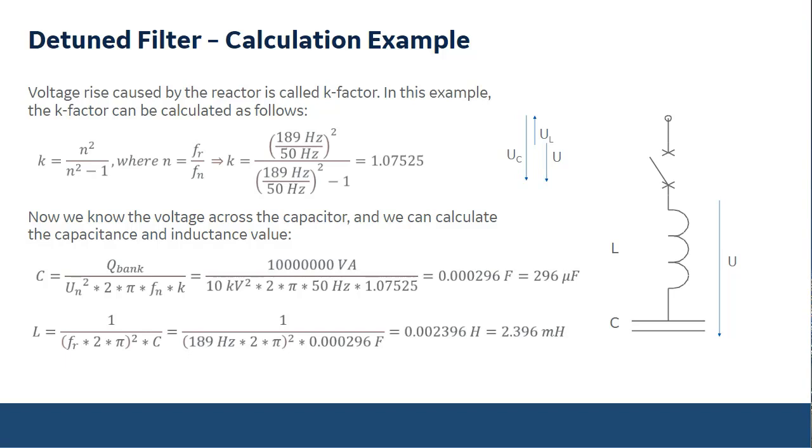The same thing we do with the reactor. We know the tuning frequency and the capacitance, and then we get a value of 0.396 millihenries. Now we have defined the capacitance of the capacitor and the inductance of the reactor.